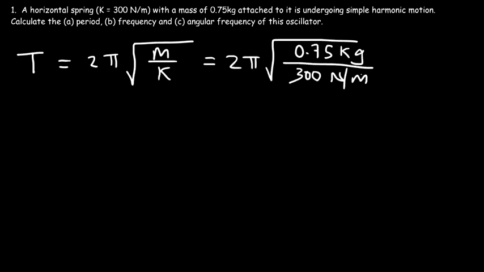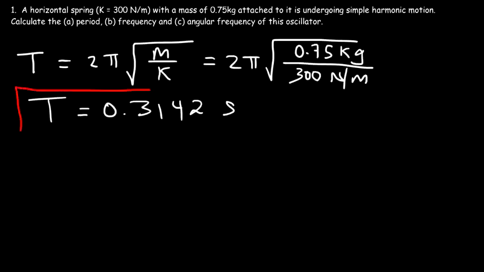So let's go ahead and type that into the calculator. So the period is 0.3142 seconds. So that's how you can find the period of a simple harmonic oscillator. All you need is the mass and the spring constant.